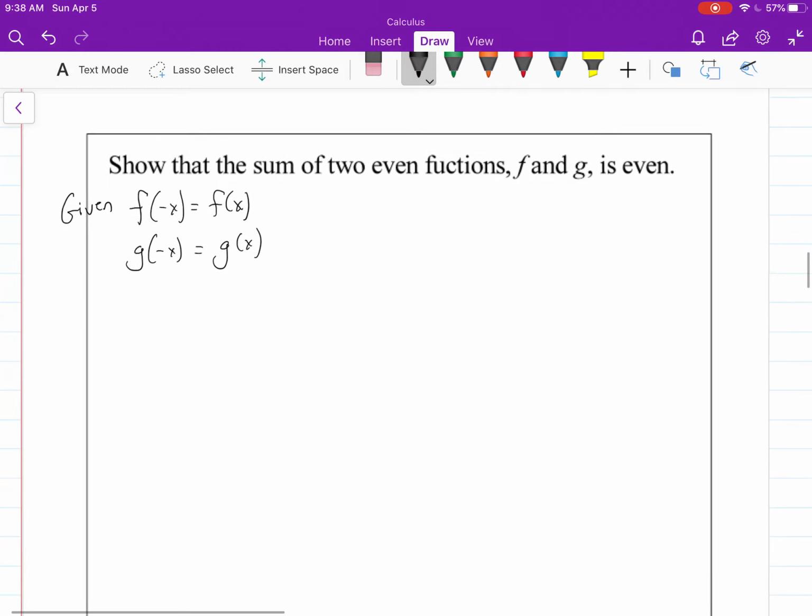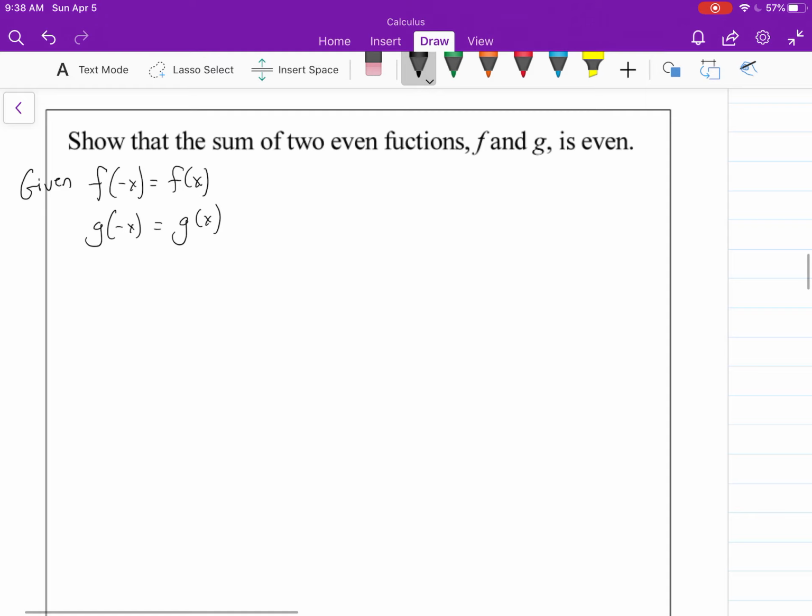We want to show that the sum of two even functions is even. So what we're trying to prove is that f plus g of x is even. Well, even would mean, sorry, I want a negative in here. Even would be if we plug a negative in, we are going to get just f plus g of x.